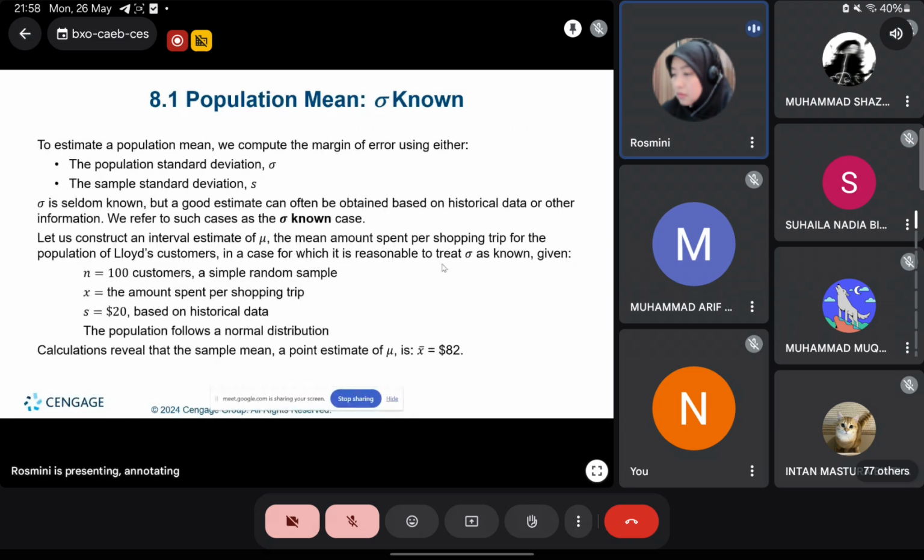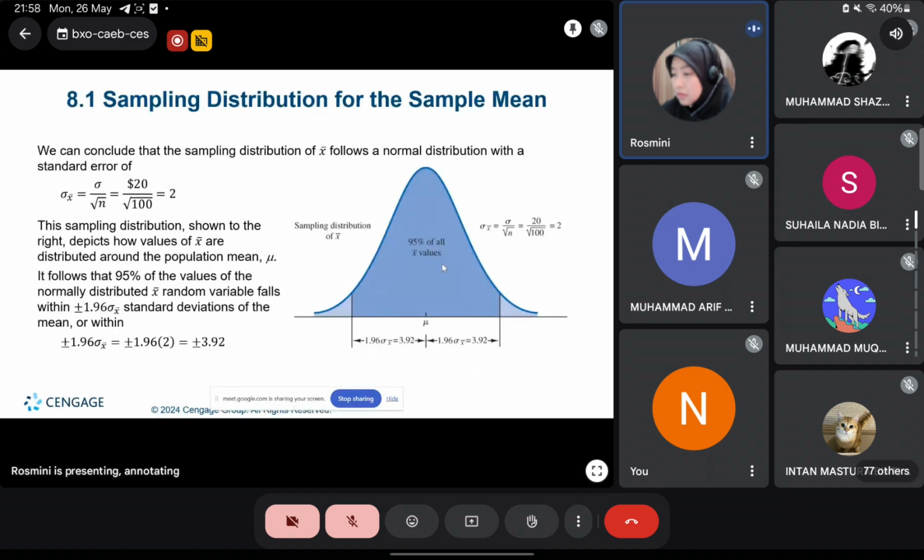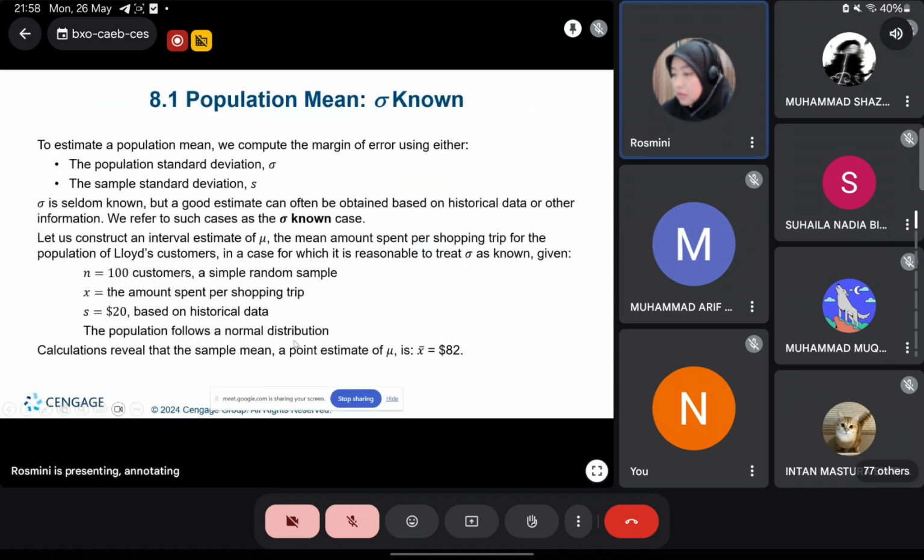The calculation reveals the sample mean, the point estimate of mu, is X bar equals $82. So you have the 20, sigma divided by the square root of N.